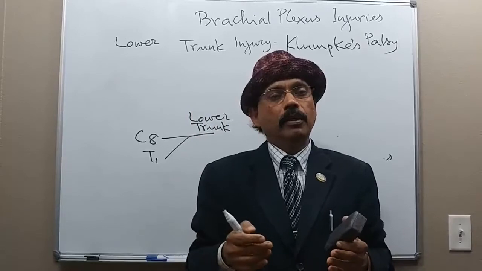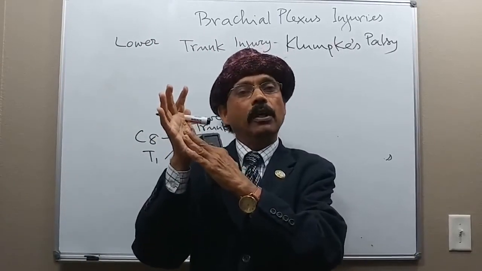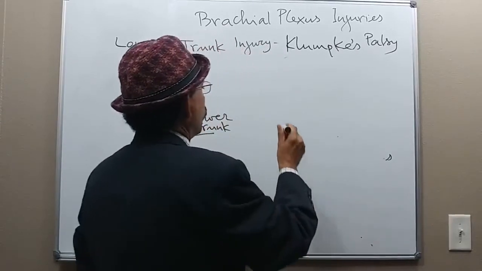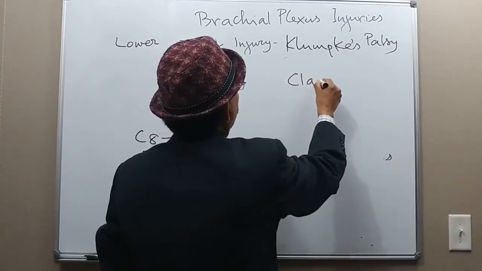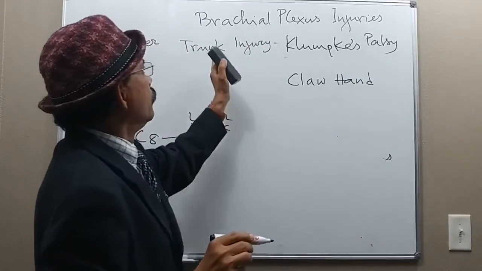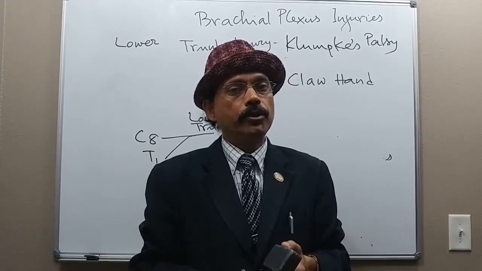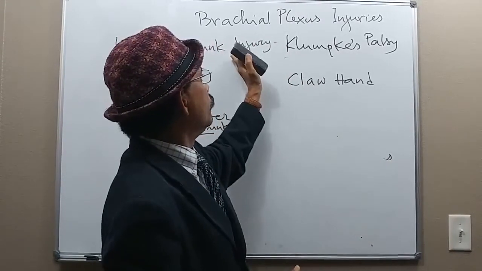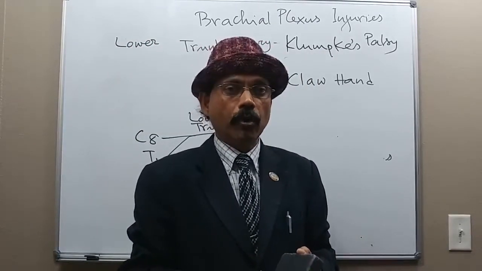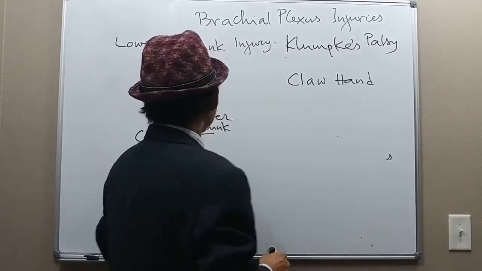If the lower trunk is damaged, the intrinsic muscles will be atrophied and non-functional, and the person will develop claw hand. So upper trunk injury causes Erb-Duchenne paralysis, lower trunk injury is called Klumpke's paralysis. Erb-Duchenne paralysis is more common than Klumpke's paralysis.